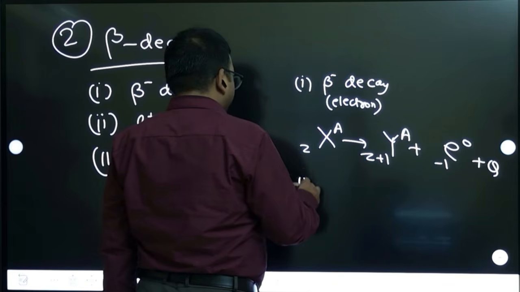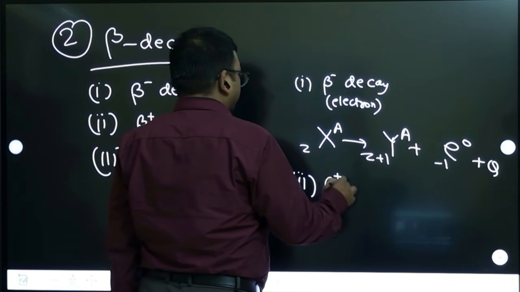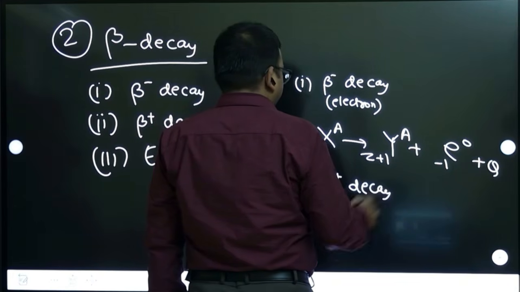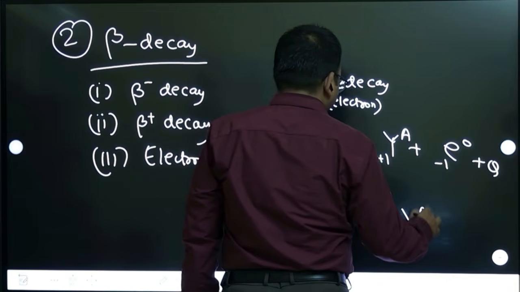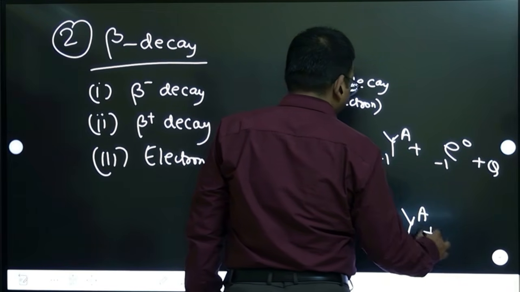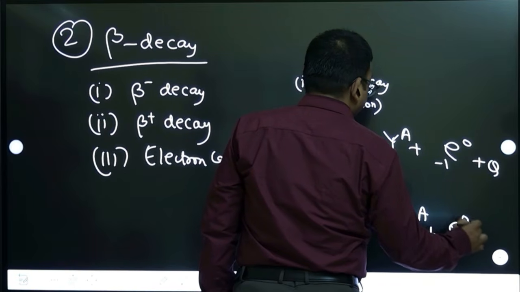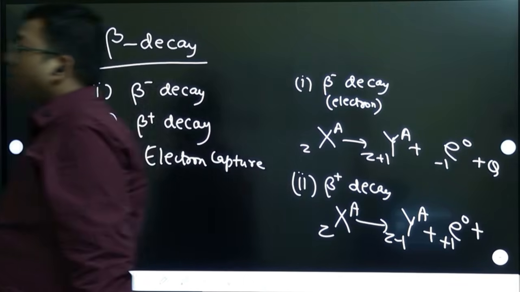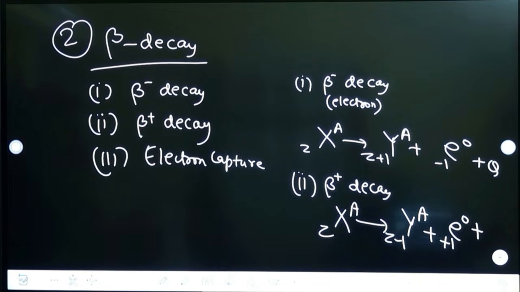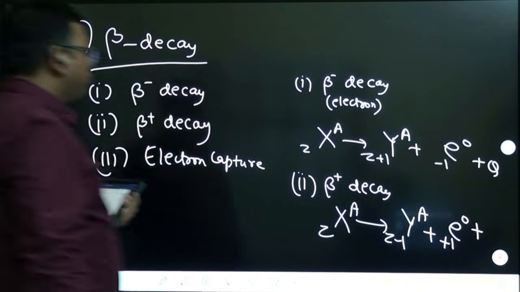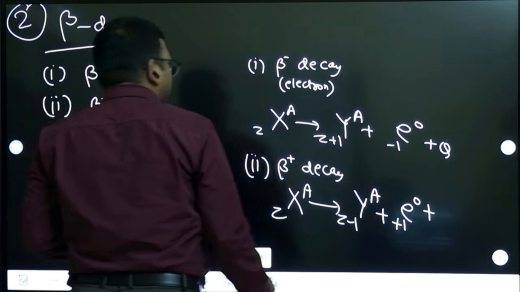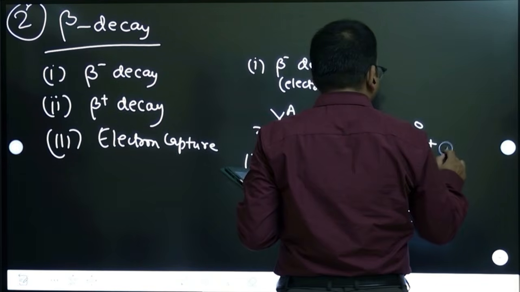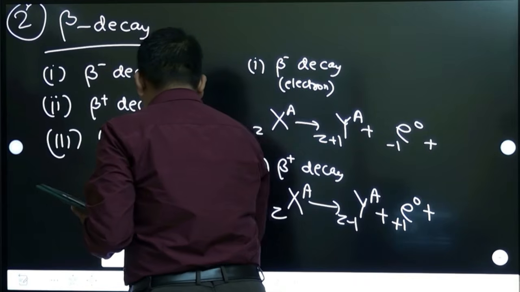Then what is beta plus decay? Beta plus decay means x with Z. The mass number doesn't change, but it becomes like this, plus a positron. But now I think we also need to note that some other kinds of particles are coming out. These are called anti-neutrino. I think I should write it, otherwise confusion will happen. Energy is of course there, but let me write about the particles.